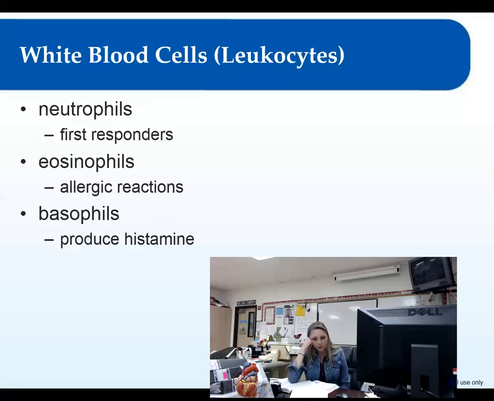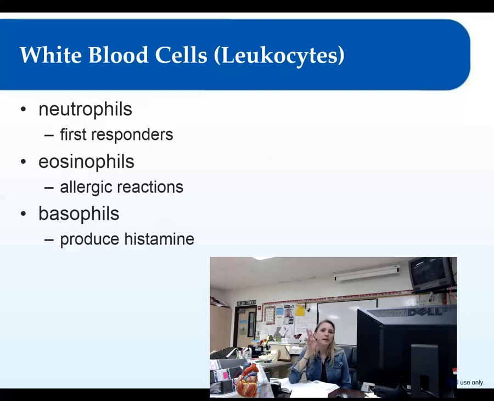A typical white blood cell count in the bloodstream is 4,000 to 11,000 white blood cells per cubic millimeter. So a lot, but not nearly as many as red blood cells, like we said earlier.